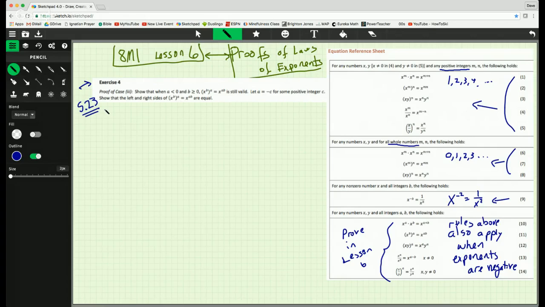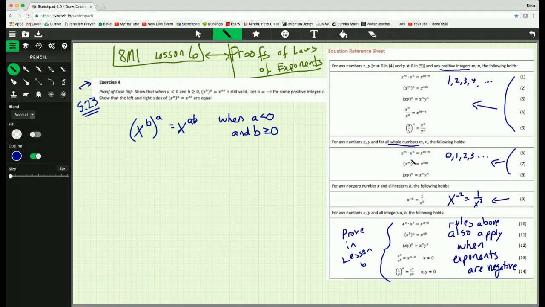So what we're trying to show is that x to the b power all to the a is equal to x to the ab when a is negative, when a is less than 0 and b is greater than or equal to 0.